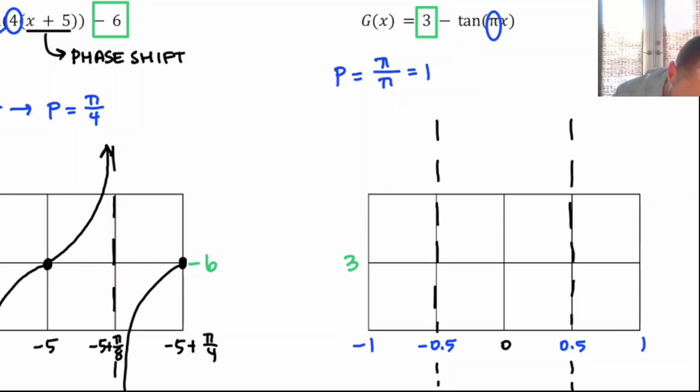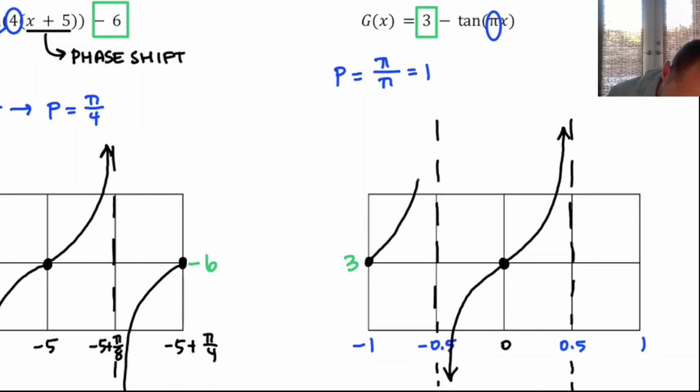I kind of forgot to draw the actual graph, but I think it looks like that. And then, okay, it's increasing up here, and it's also increasing down there. So it's coming from below and going up.